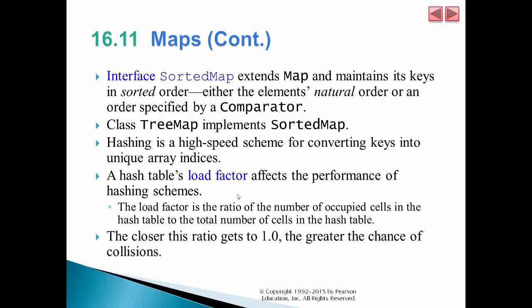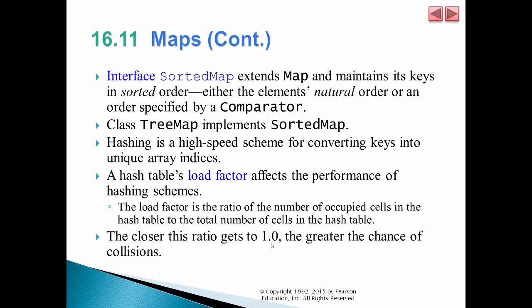So you have a 50% load factor. The higher the load factor, the greater the chance of collisions. And you know what a collision is? If your hash function allocates an element to a cell which is already occupied by some other element, that is a collision.